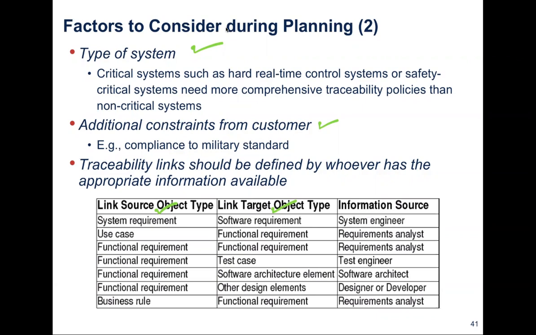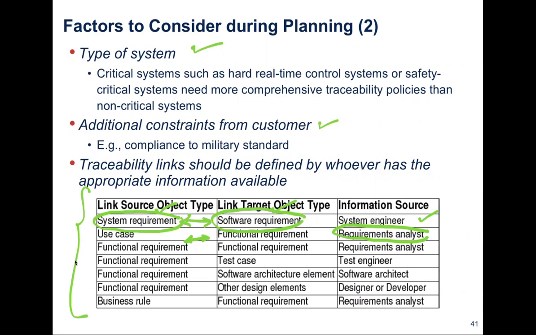The source could be a system requirement, and the target a software requirement, so there might be a relationship between them. Whoever initiated such a link is the system engineer. The use case and functional requirement might be related, like the source and the target one, and then who initiated this is the requirement analyst. This information also should be collected in order for us to provide better traceability planning that will later be documented for efficient requirement change control.